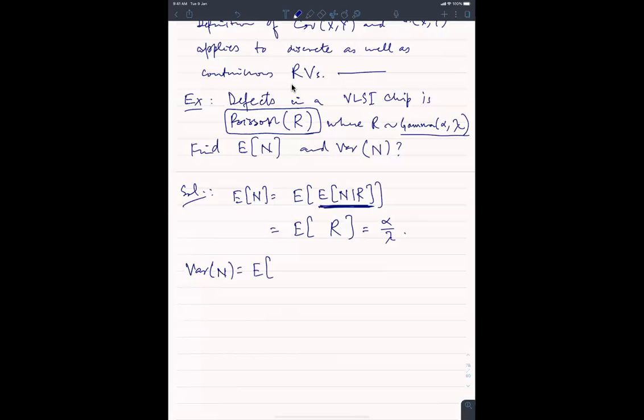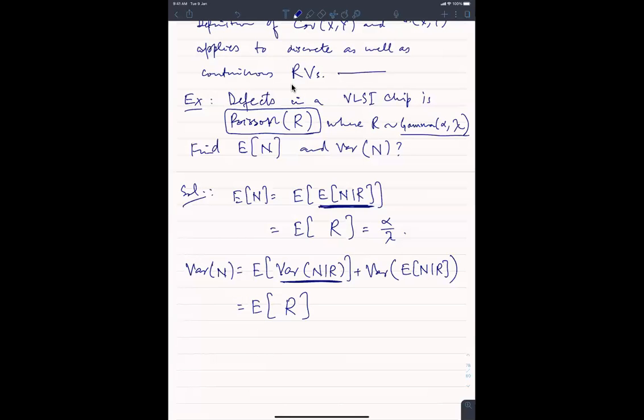Similarly, variance of n would be equal to conditional variance का यहाँ formula use करेंगे, expected value of variance of n given r plus variance of expected value of n given r. So variance of n given r is Poisson with parameter r, और Poisson की variance क्या होती है? Is the same as the parameter.